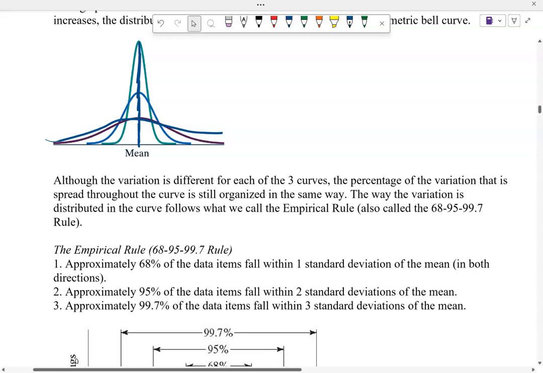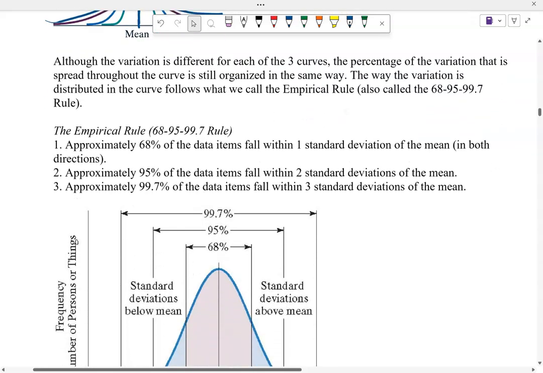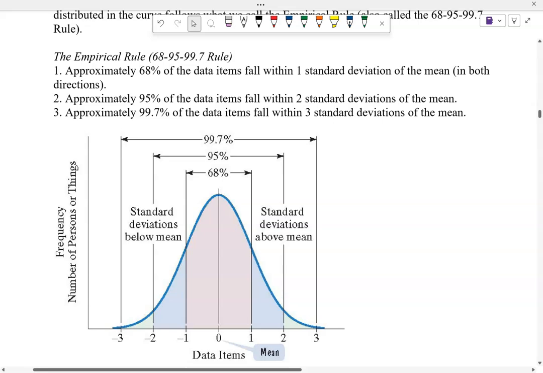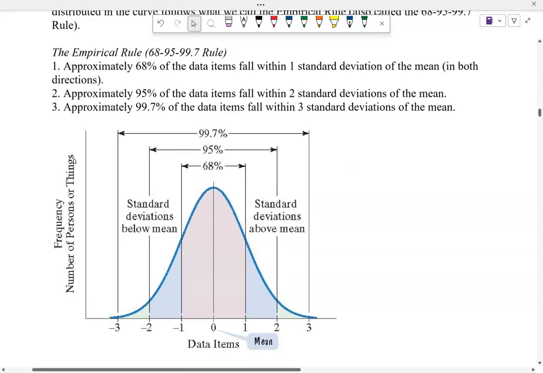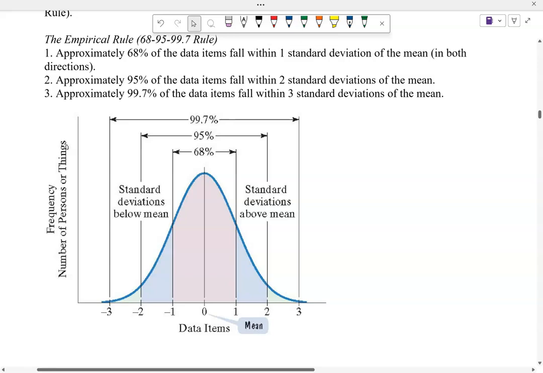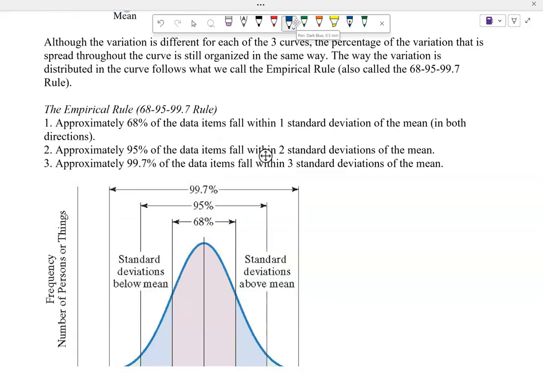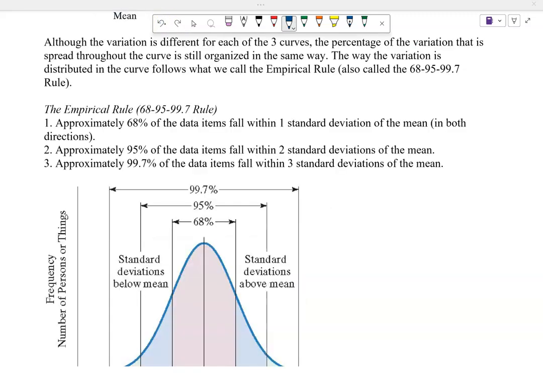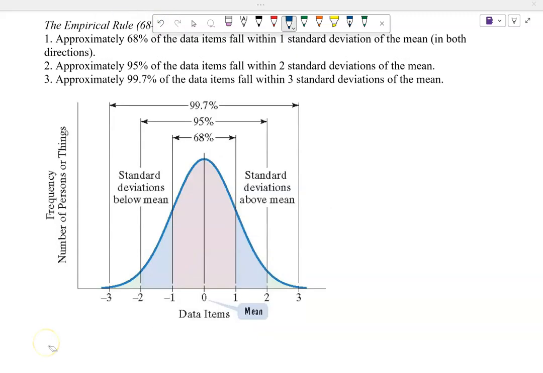And so the empirical rule kind of helps us to order this and to examine this. So here's what your empirical rule, or 68, 95, 99.7 rule means. You get your middle number.